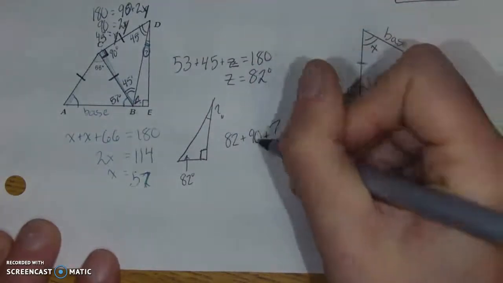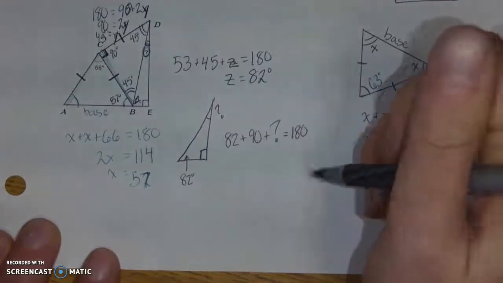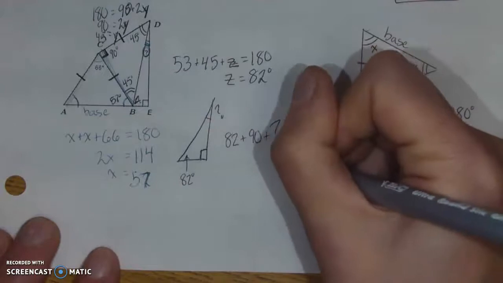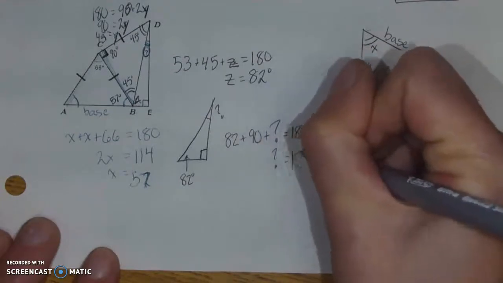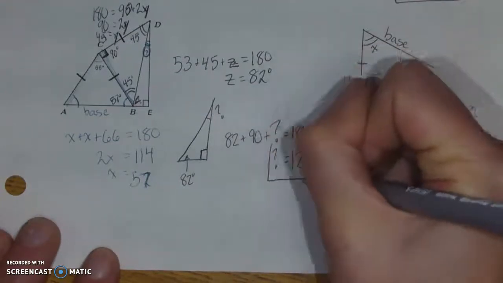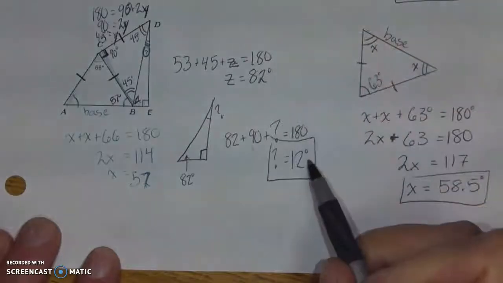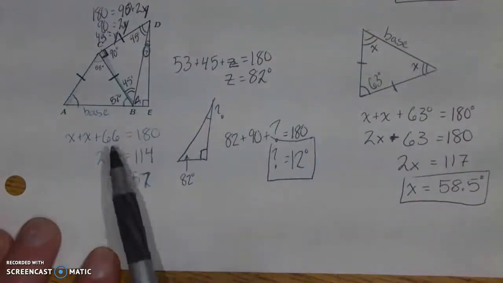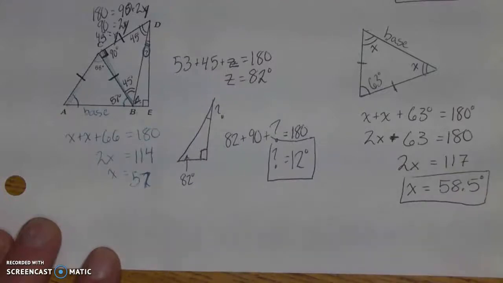And when I subtract 90 from 180, I get 90. Subtract 82 from 90, and I'm going to get that final unknown angle is equal to 12 degrees. And I know I need the degree sign here since it is an angle all to itself, not simply something I am substituting into a formula.